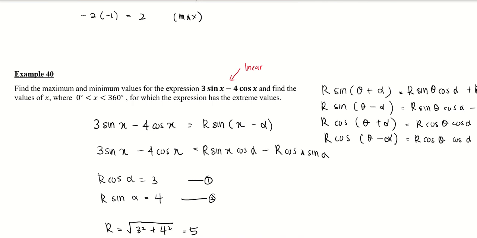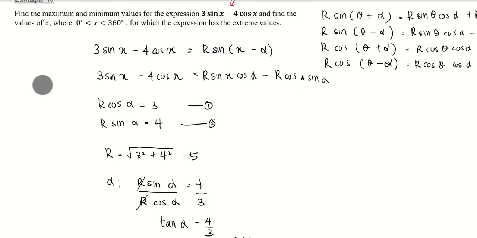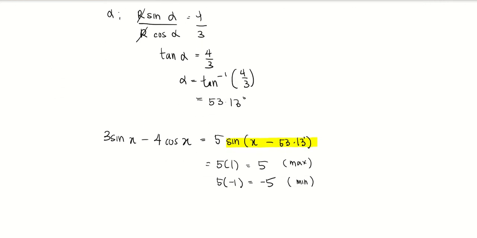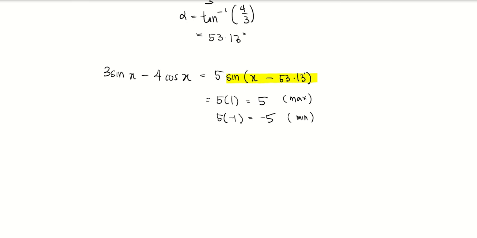So the next part is to find the value of x for which the expression has the extreme value. This question means we have to solve 3 sin x minus 4 cos x equals the maximum value.